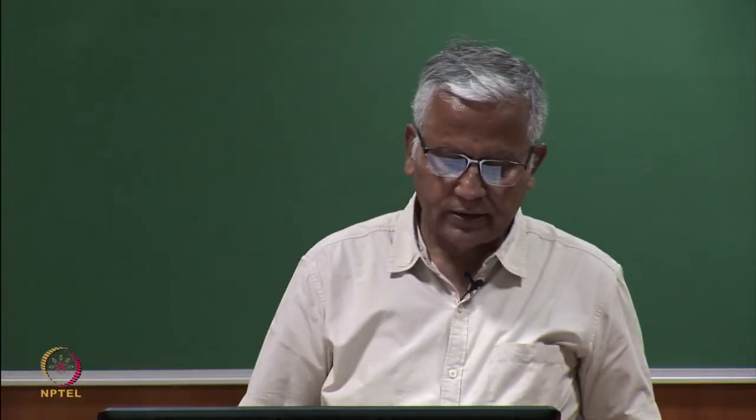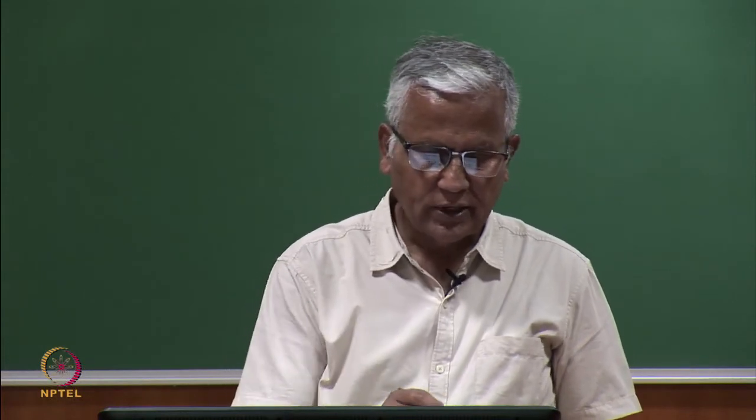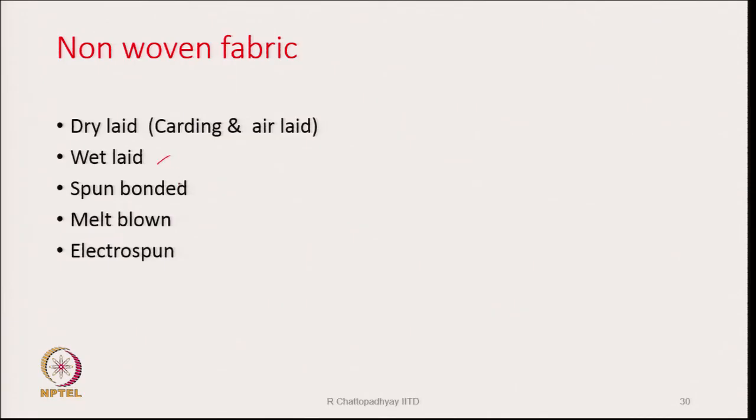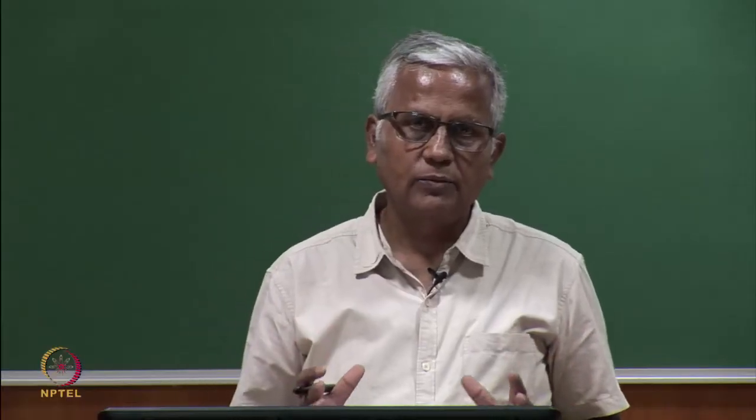So, for non-wovens, these are the production techniques: dry laid, wet laid, spun bonded, melt blown and electrospun. These are the 5 different types of non-wovens, depending upon what kind of technology is used to produce them.